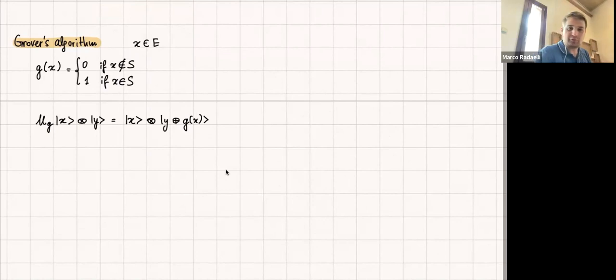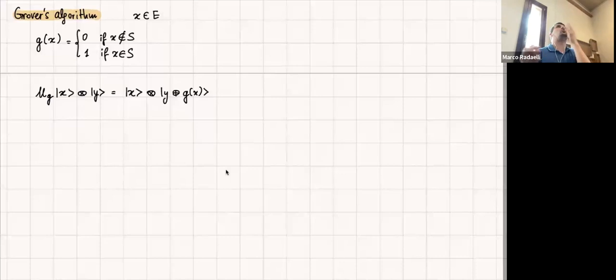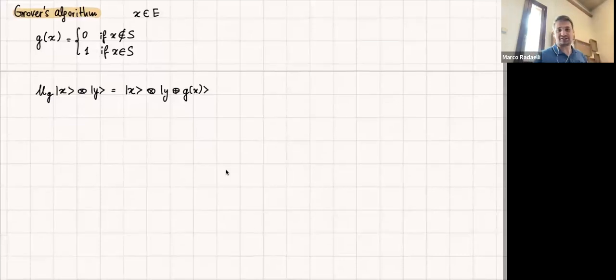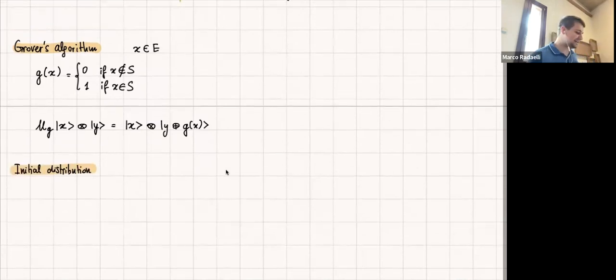So we want to start our search. First of all, we have to define an initial distribution to draw from. Even before this, I wanted to underline that the oracle is considered to be given at the beginning, okay?